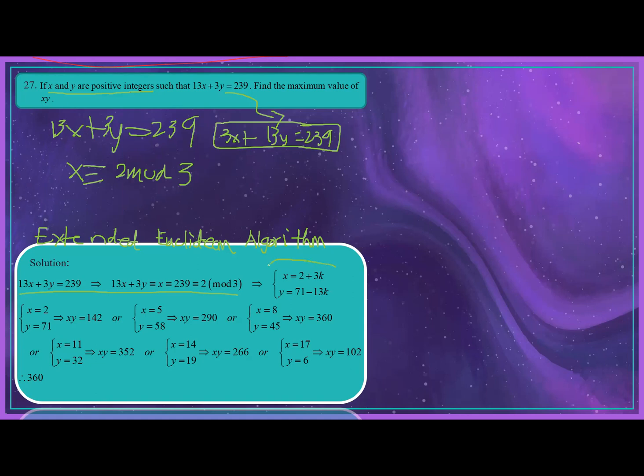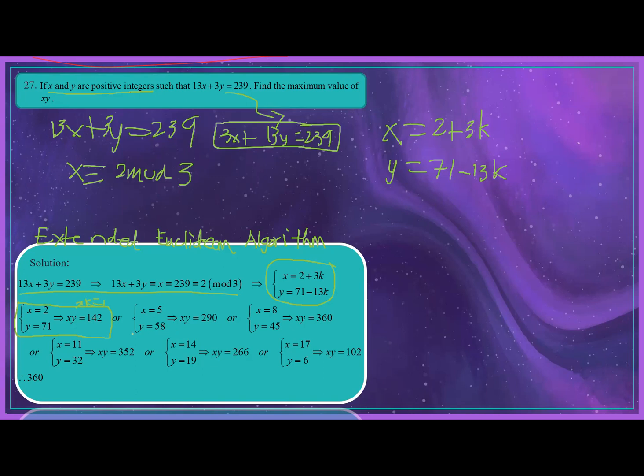So basically, this is the essence: we have x equals 2 plus 3k and y would be 71 minus 13k. Okay, so for any k, you can solve x and y, for any non-negative k. When k is 1, this is our solution. Okay, this is for k equals 1.